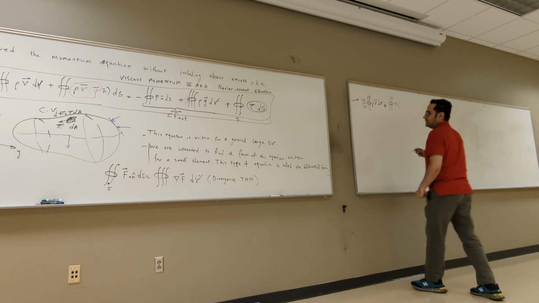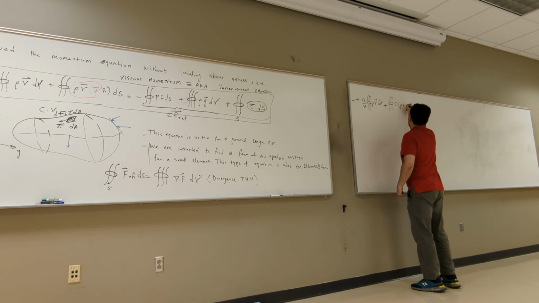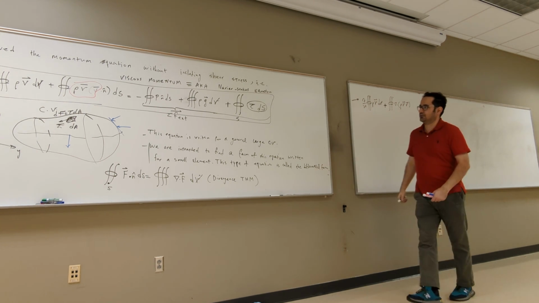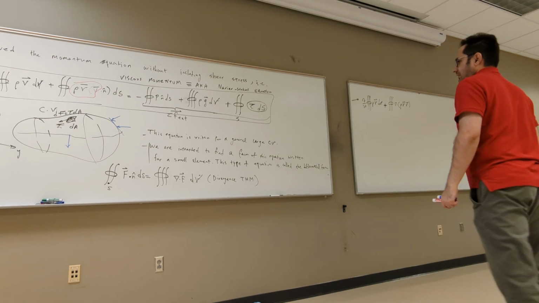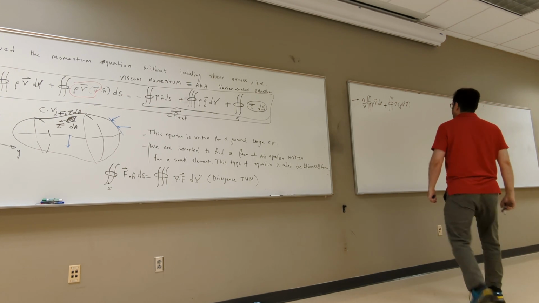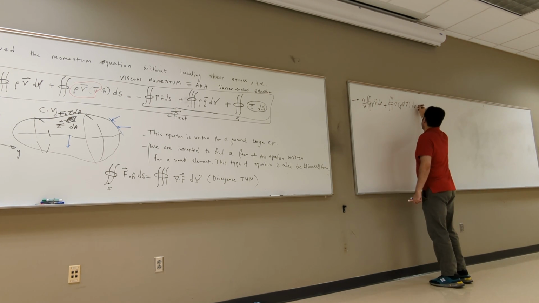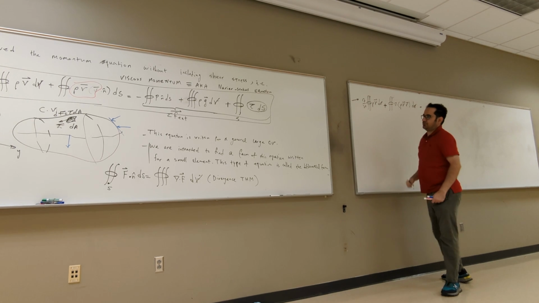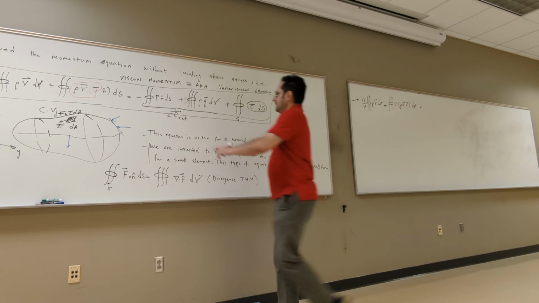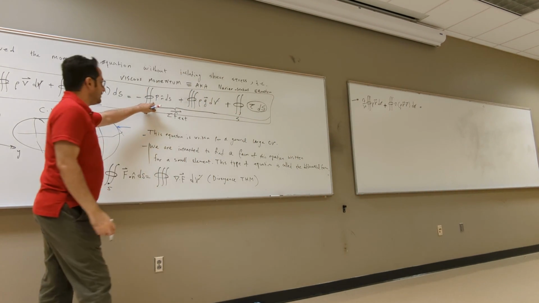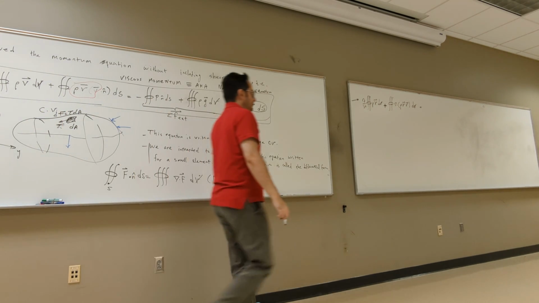What's f? Rho v v, double v. Divergence of that dV is equal to, this guy is the surface integral, you convert it to a volume integral.